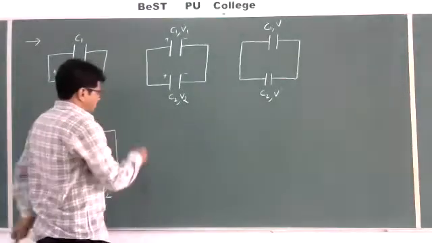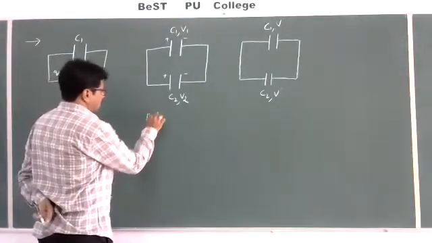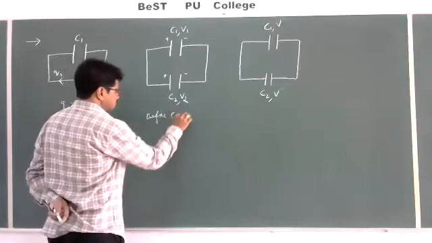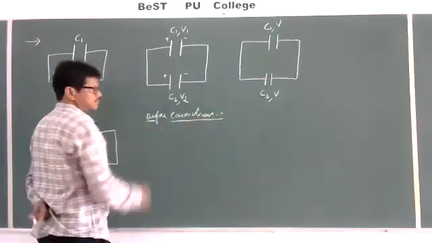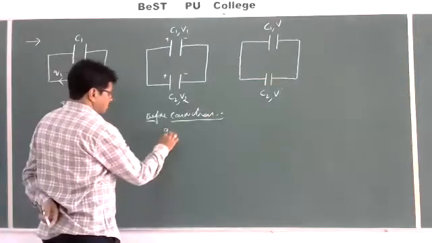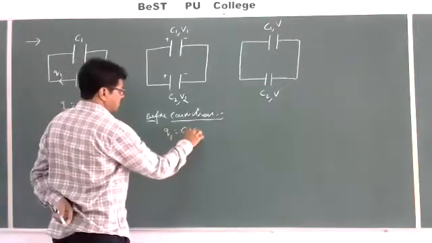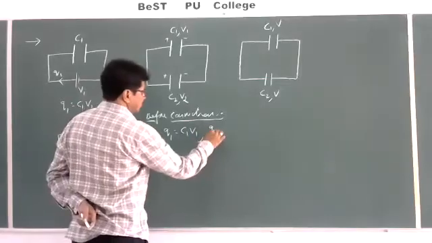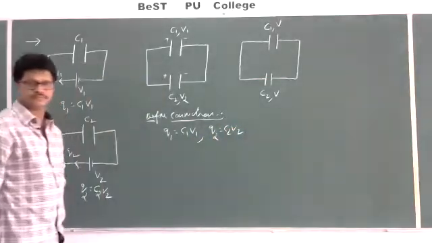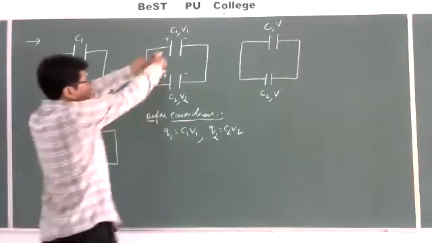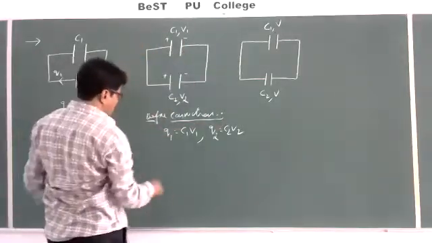So if I go with before connection, the charge of the first capacitor is C1V1. The charge of the second capacitor is C2V2. Then what is the total charge of the system now?